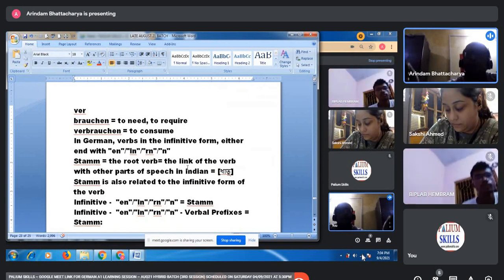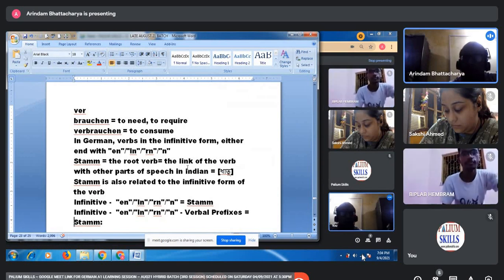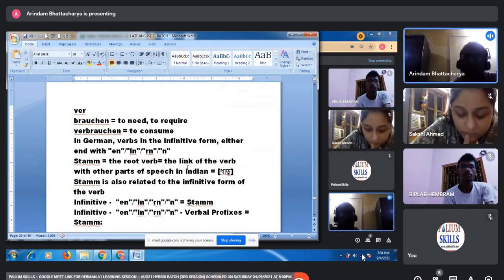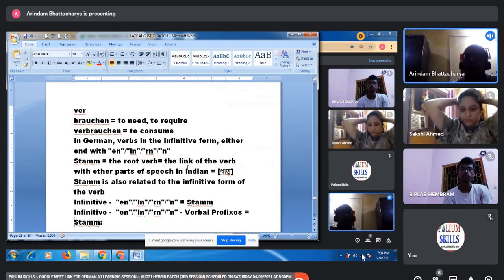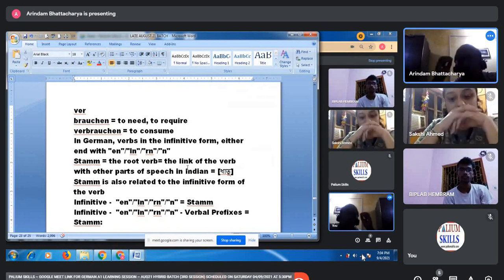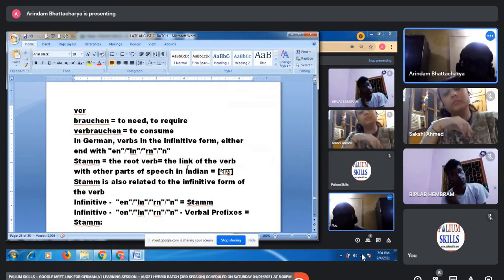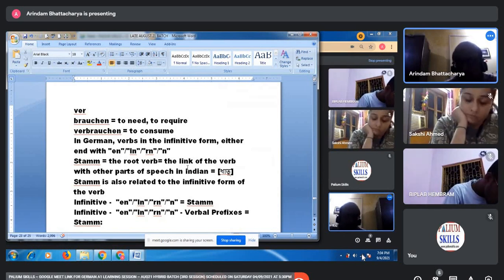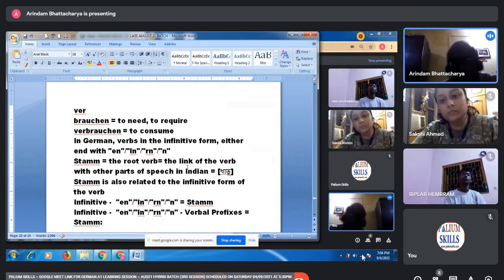Karna is the infinitive form of the verb, and from karna comes main kar raha hoon, karta hoon, kiya hoon. So kiya, karta, karke, karte, all these forms come from this karna. But what else comes from kru? Not only karna, but also karm, the word for work, from where we get the word calm. So these all come from that particular word.